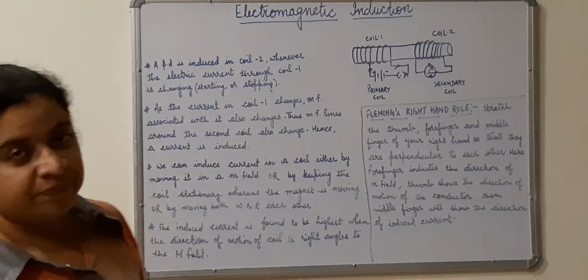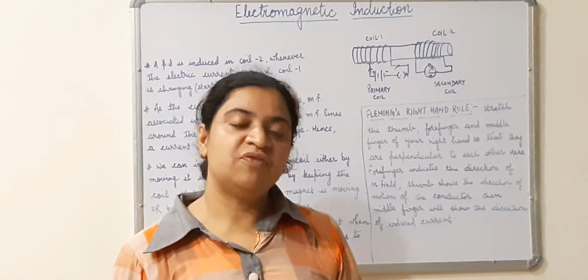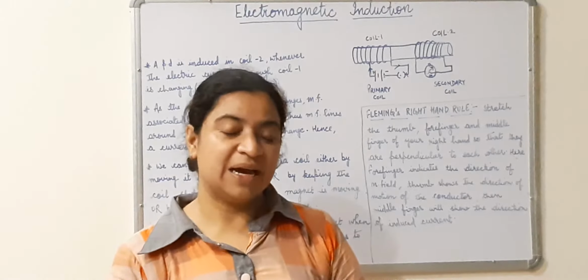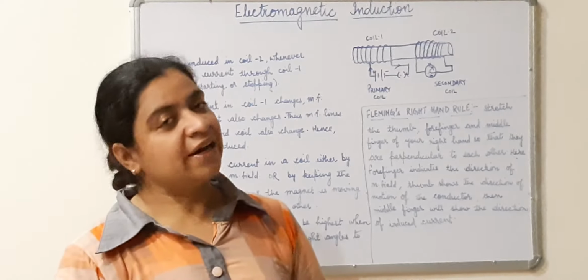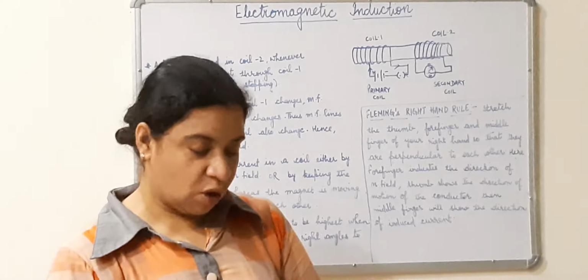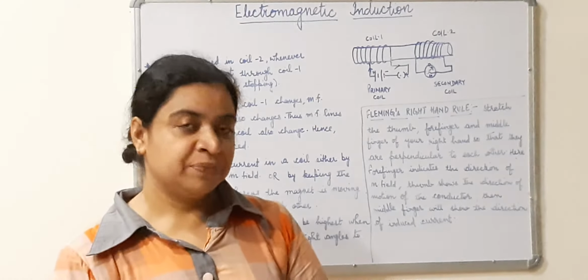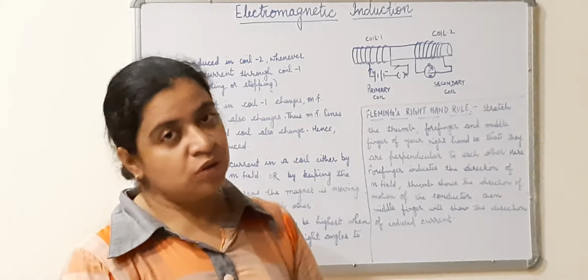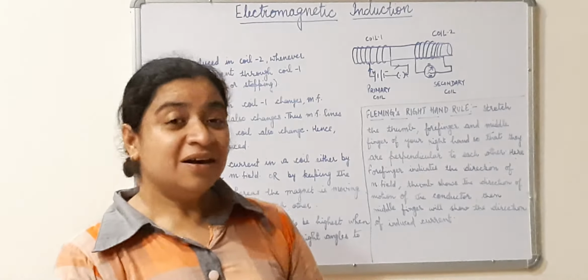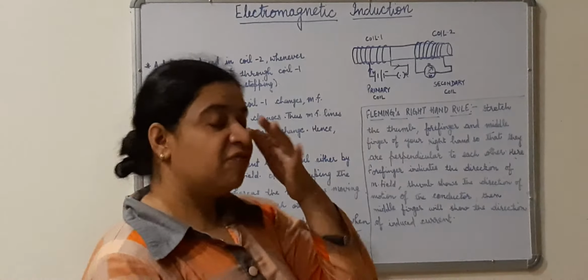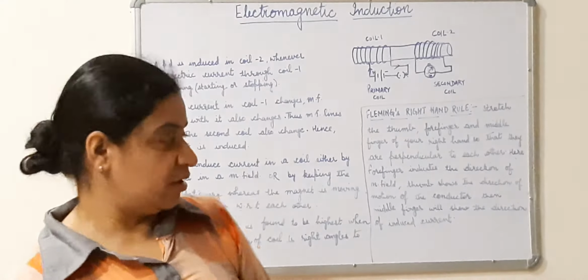Children, in the previous two rules, the first rule we found was Maxwell's right hand thumb rule. That rule gave us the direction of magnetic field. We have found how to get the direction of magnetic field. Then we got Fleming's left hand rule, which finds the direction of motion of the conductor. Third rule, now how will we find the direction of induced current?